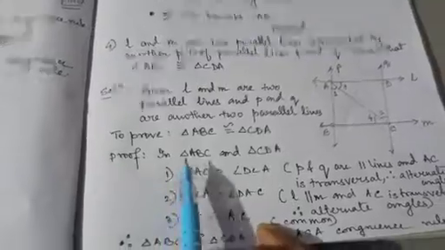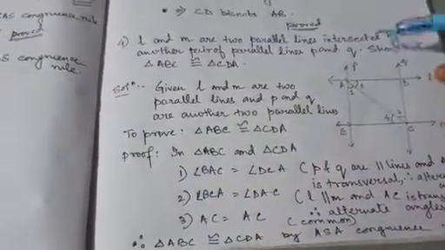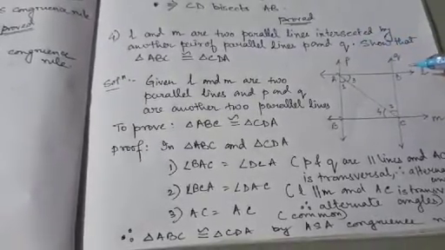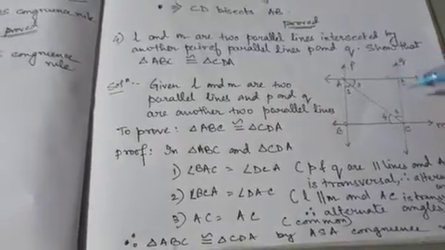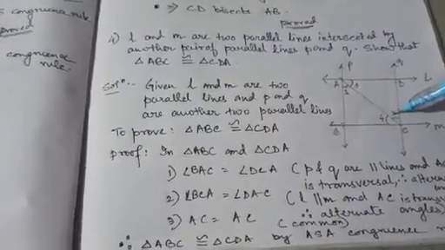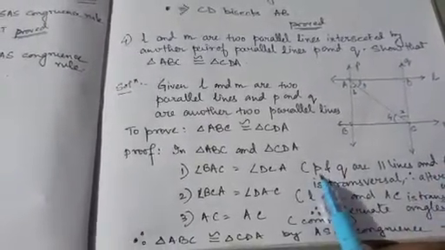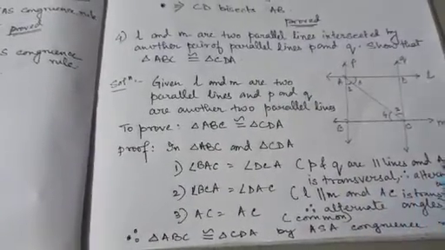So the proof, in triangle ABC and triangle CDA, angle BAC is equal to angle DCA. So angle BAC is angle 1 and DCA is angle 2. They are alternate angles. What is the reason? Consider the lines P and Q. They are parallel to each other and the transversal is AC.